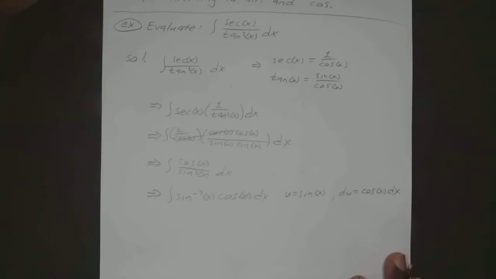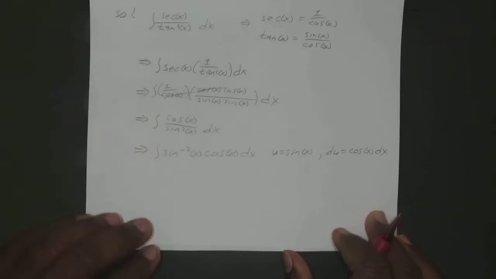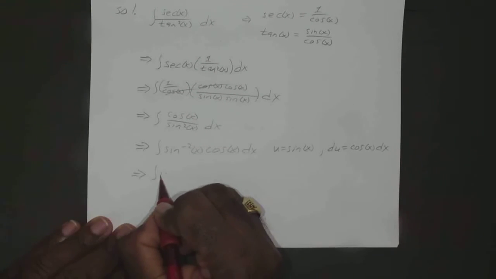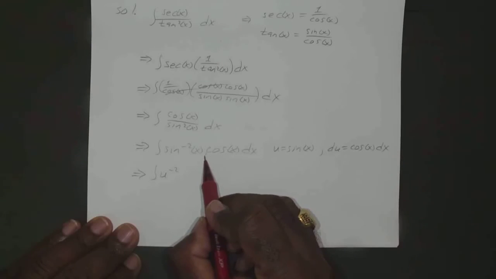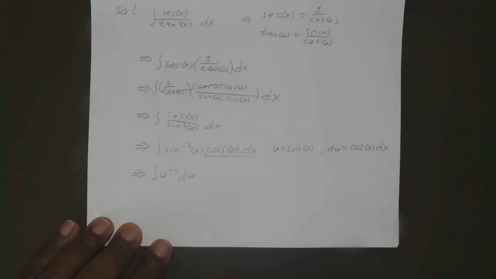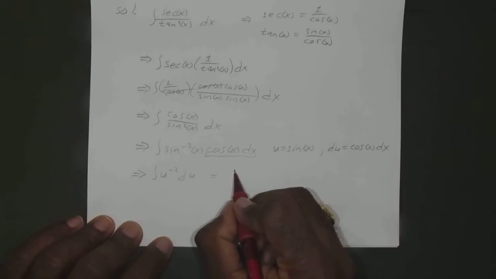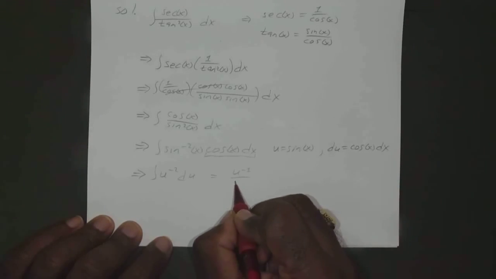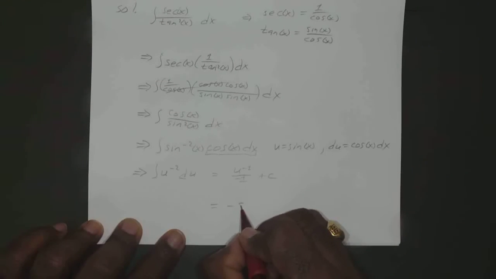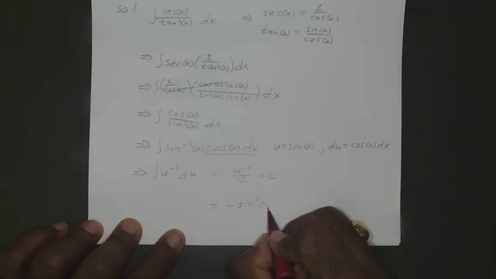Okay, so that means we have the integral of u to the negative 2 du, which is u to the negative 1 over negative 1 plus c. So that gives us negative sine of x to the negative 1.